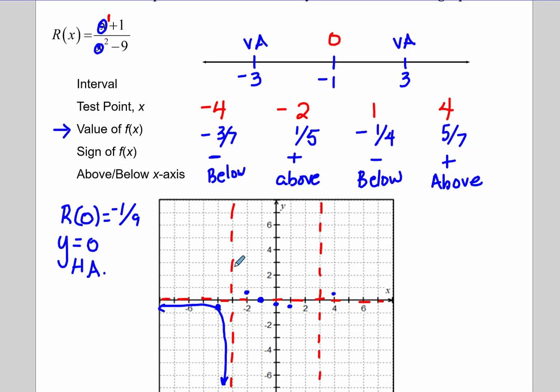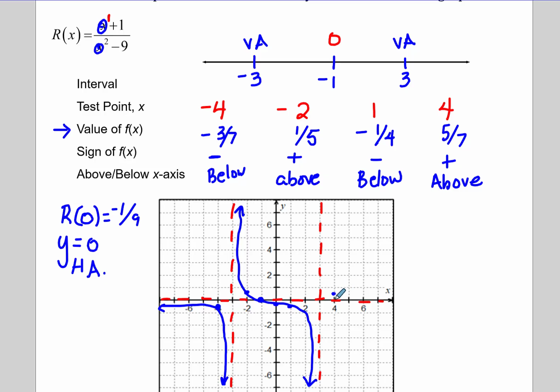Likewise here on the other side of the asymptote, we have to be upward bounded to follow that pathway, but when you cross the x-axis and go through the y-intercept, you cannot pass x equals 3 on the other vertical asymptote. So it has to stay between those asymptotes.